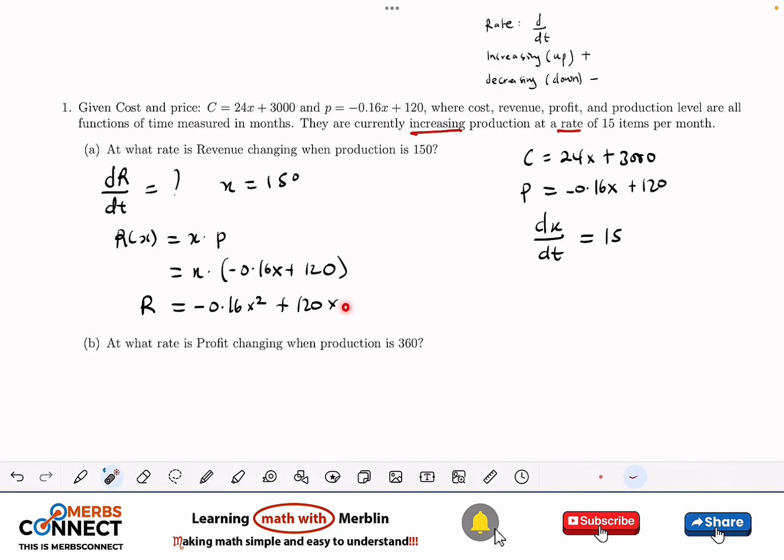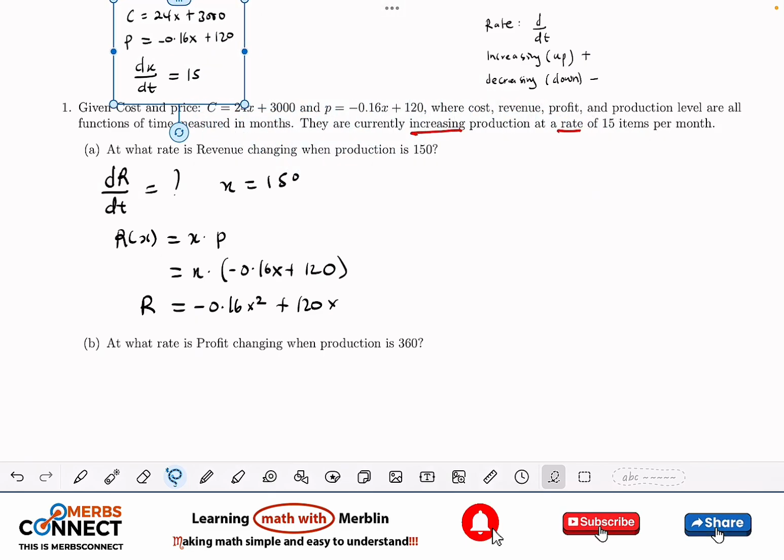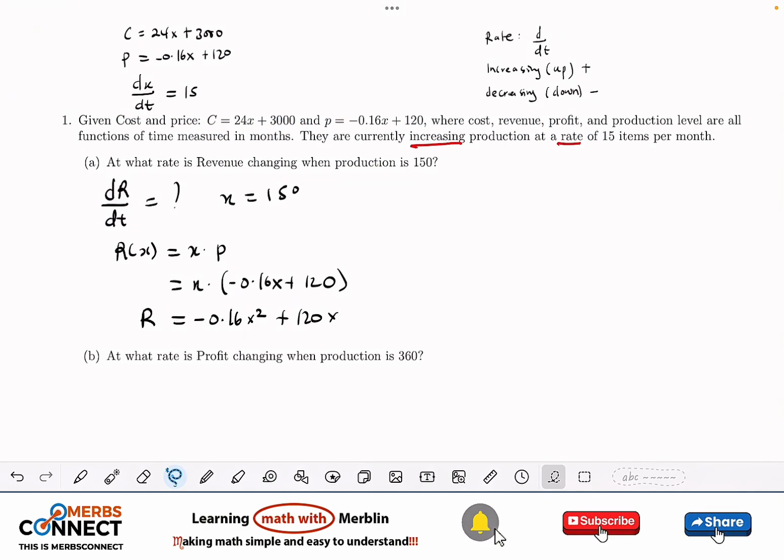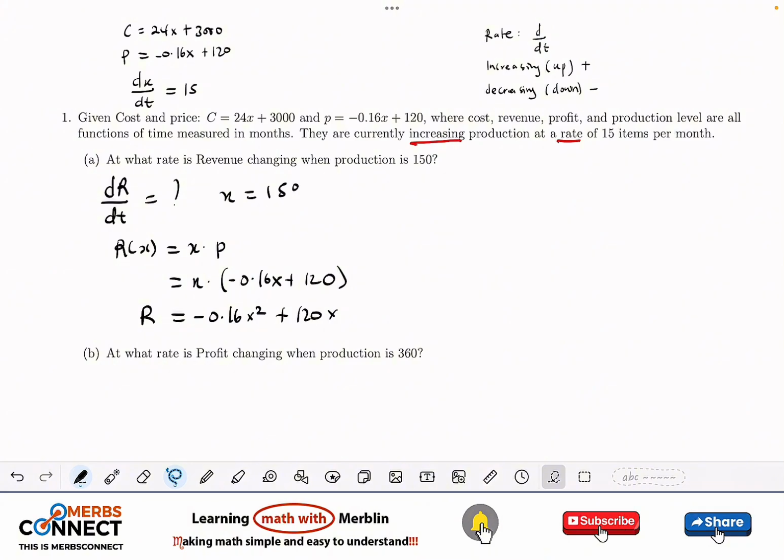So this can help us to find dR over what? The dt. Good. So let me push this information up here small so that I can make use of here. So now let's differentiate this function. But remember, we are differentiating the function with respect to what? t.